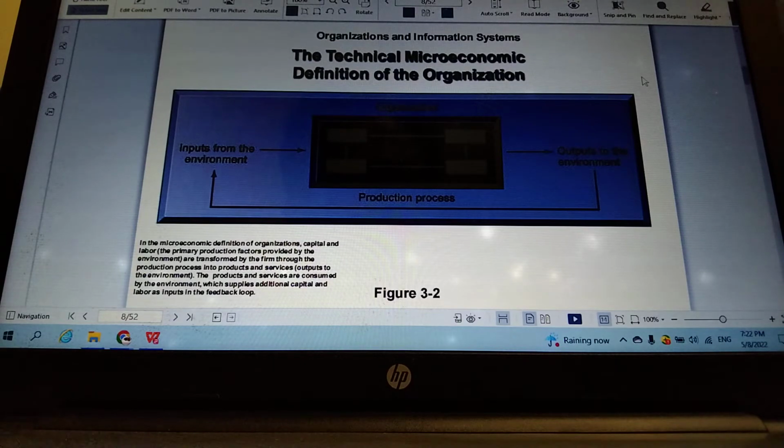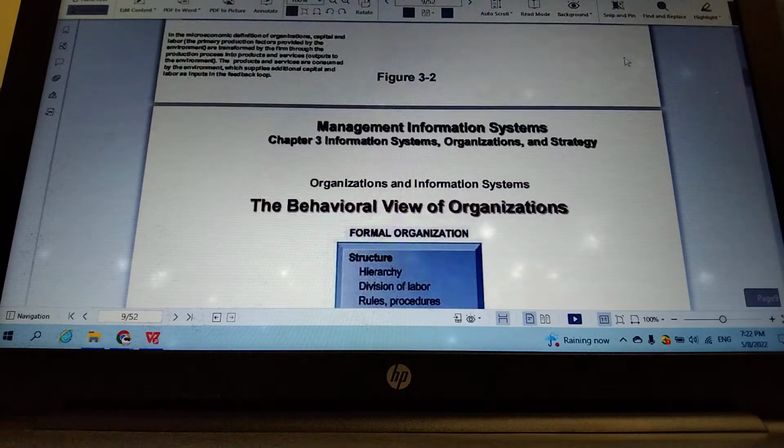As you can see on the diagram, this is what is happening. The products and services are consumed by the environment, which supplies additional capital and labor as input in the feedback loop. So that is the whole process of the technical microeconomic definition of the organization.